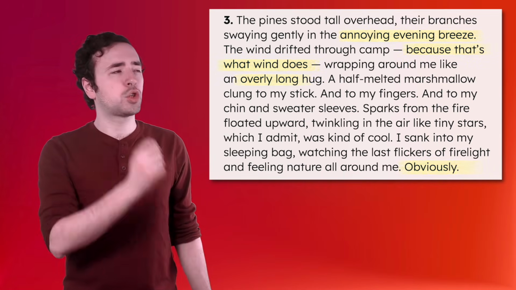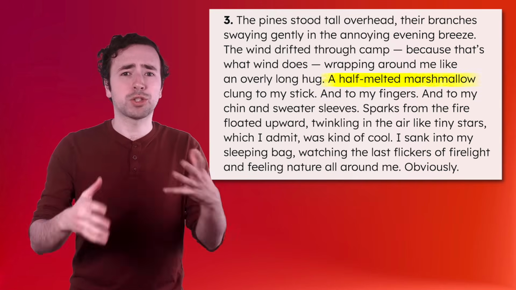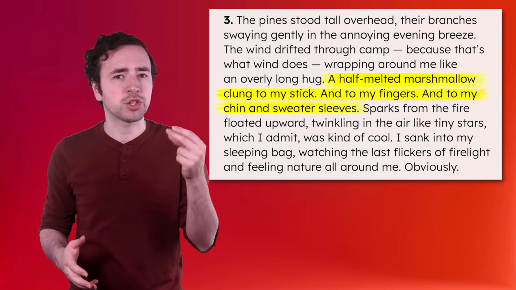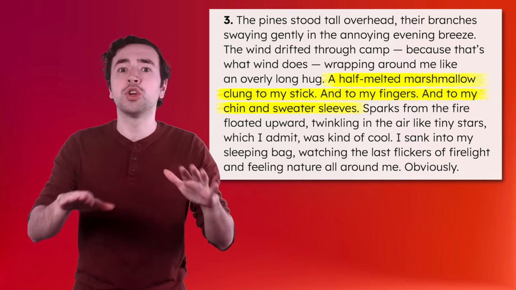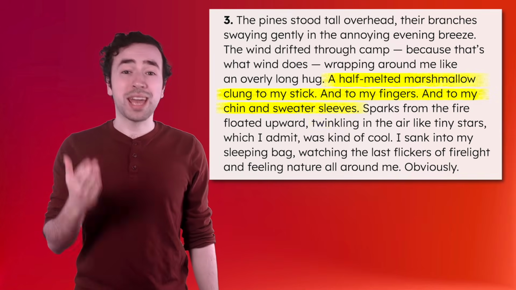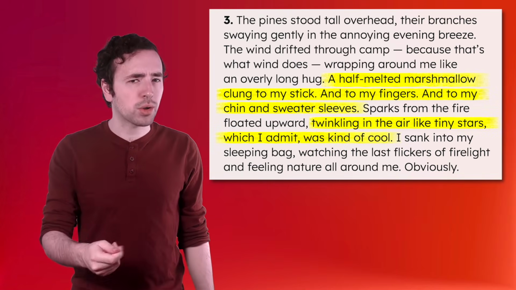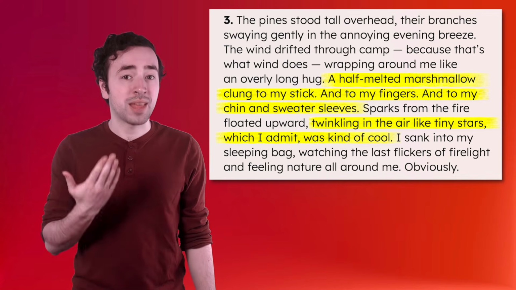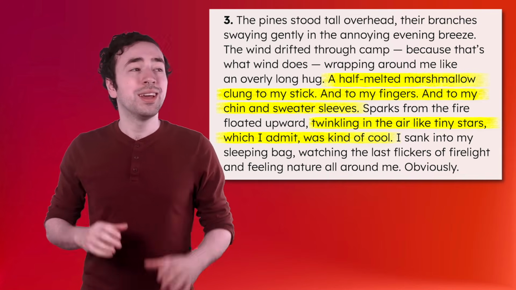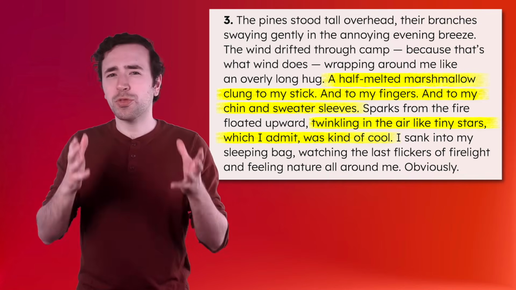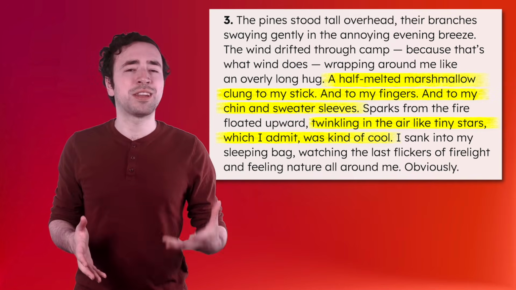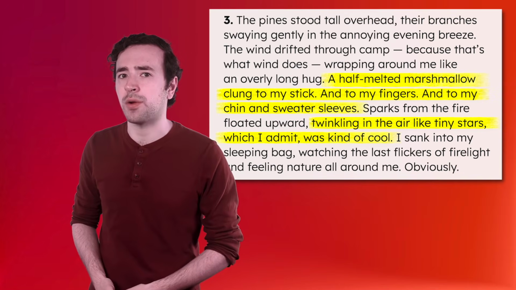And look at the mix of short and long sentences. The marshmallow mess is written in quick, choppy bursts, like the writer is so over it. But the one about the campfire sparks is longer, like it's more thoughtful. Now, notice the mood is still pretty cozy, but the writer is more unimpressed than appreciative of this peaceful scenario.